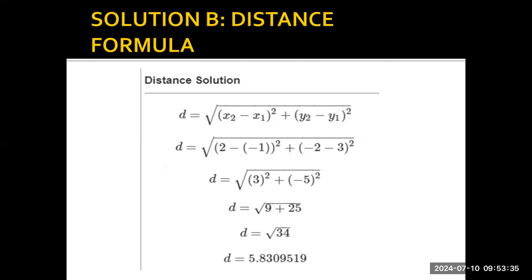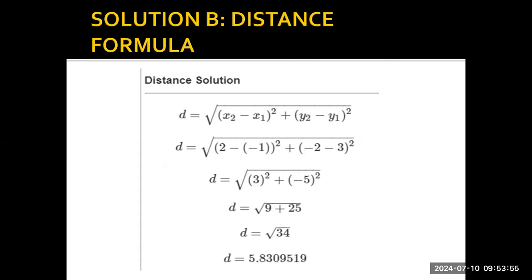Then the second pair of coordinates, that is x sub 2, y sub 2, belongs to star Y. So that means x sub 2 equals +2 and y sub 2 equals -2.